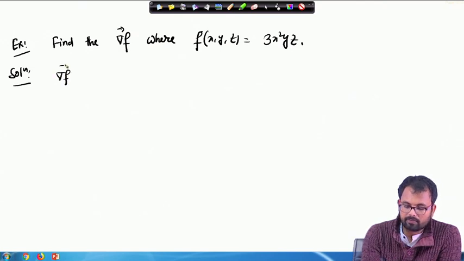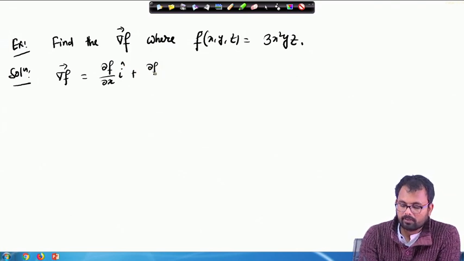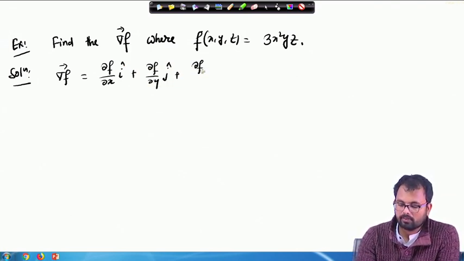Gradient of f is equal to del f del x i, del f del y j and del f del z k.